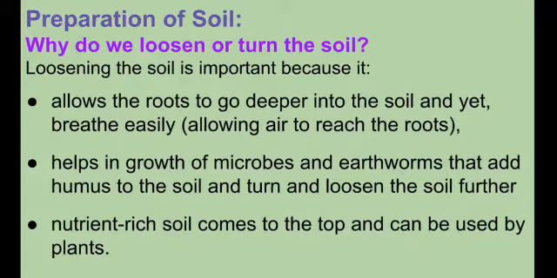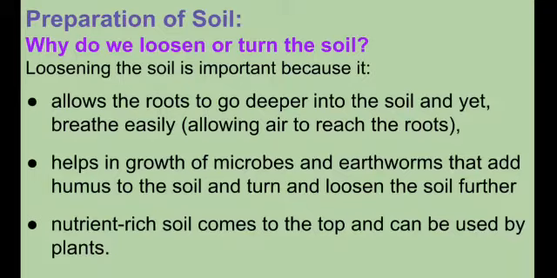The roots can go deeper and can breathe easily, because it allows air to reach the roots. It helps in the growth of microbes and earthworms that add humus to the soil and loosen the soil further. As you know, there are lots of microbes and earthworms which live under the soil, so that they can convert the soil into fertile soil.